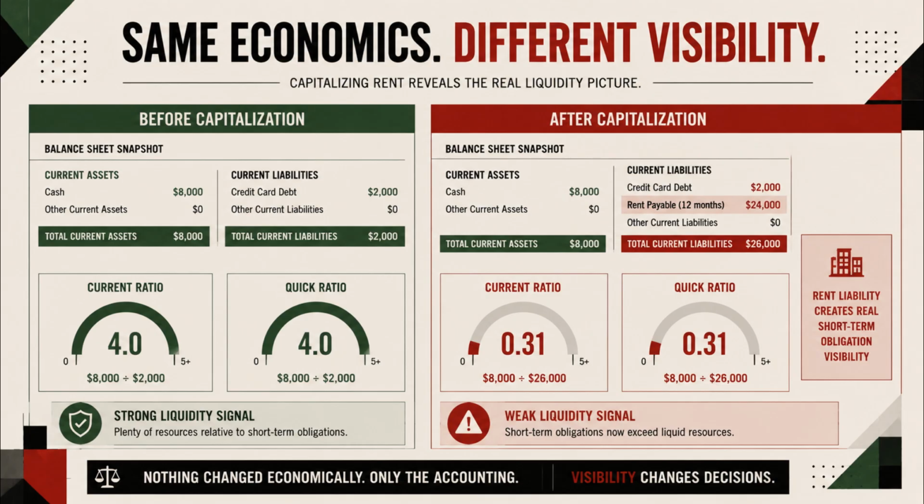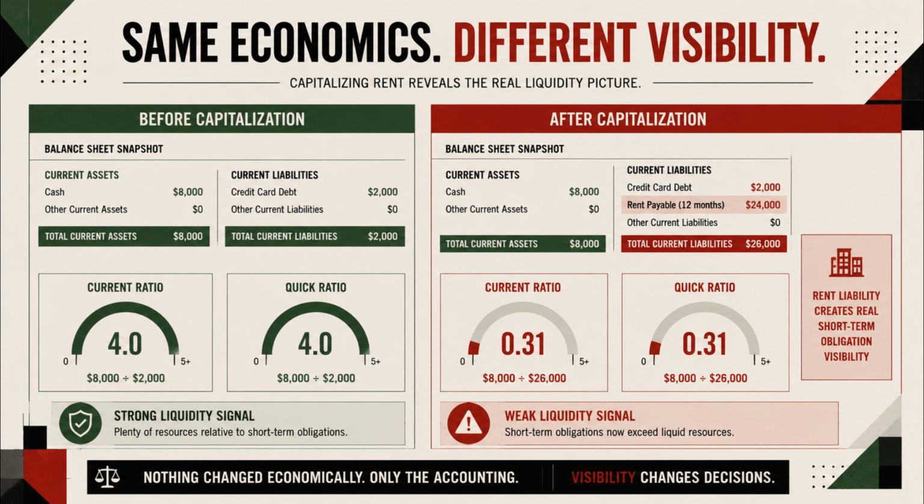But now let's capitalize rent. If we assume 12 months remaining, $2,000 monthly rent, that creates a $24,000 current rent liability. Now total current liabilities become $26,000. If we take our current ratio, 8,000 divided by 26,000, this equals 0.31.